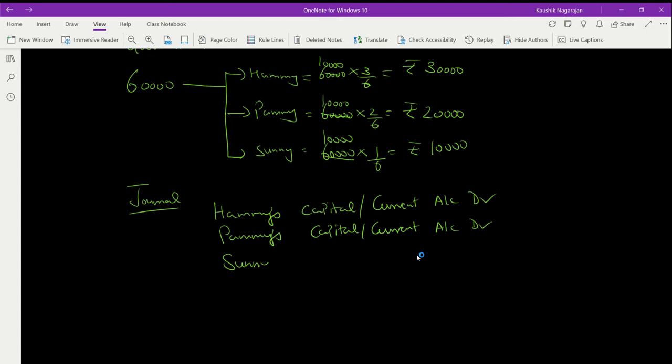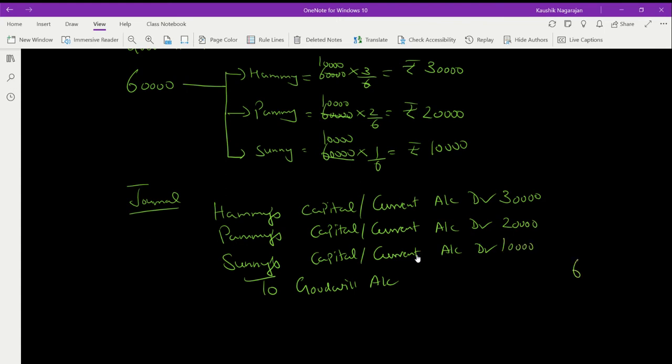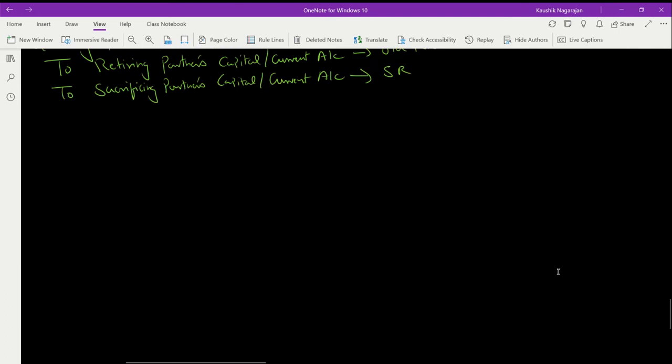Sunny's capital or current account debited, followed by your goodwill account in the credit. So now fix the values: 30,000, 20,000, and 10,000, altogether 60,000. So this is the first journal which we have worked out.